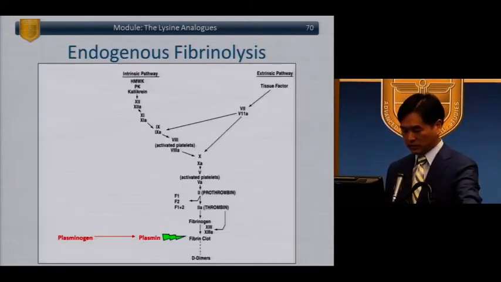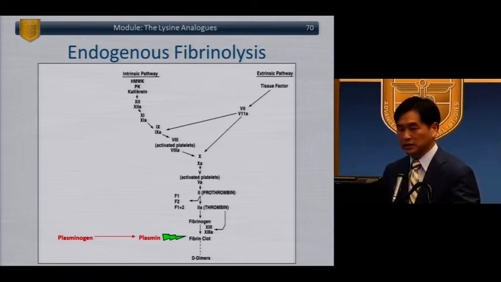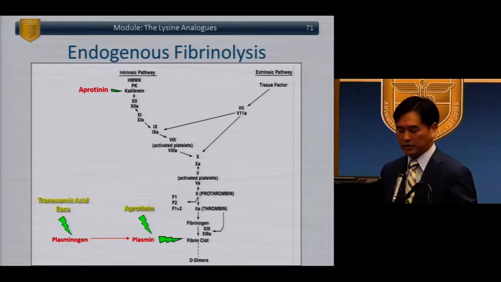So let's see. All these drugs work in this area. Plasminogen gets converted to plasmin. It's an endogenous anticoagulant, and it inactivates the fibrin clot. Okay? So it makes you bleed. So if you give a fibrinolytic, these should be yellow: tranexamic acid or epsilon aminocaproic acid.